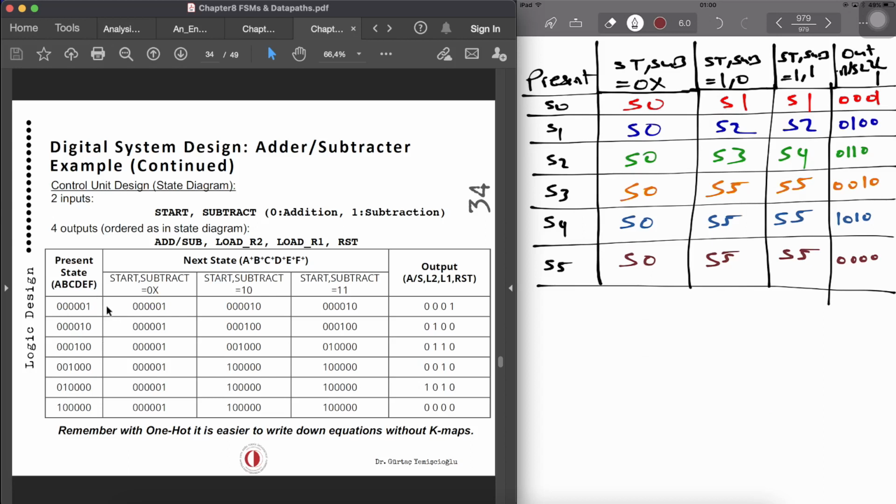So S0 is 000001, where flip-flop F is activated. S1 is 000010, where flip-flop E will be activated. S2 is 000100, where flip-flop D will be activated, and it goes like that. So it's easier and we can implement it without using any k-maps. So let's see how we are going to derive those.